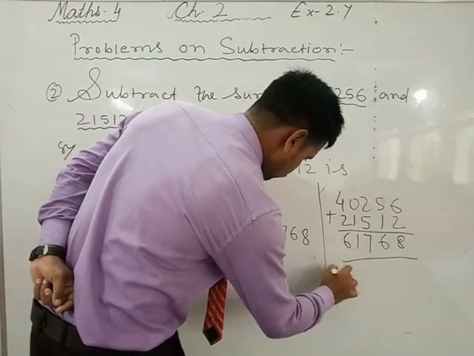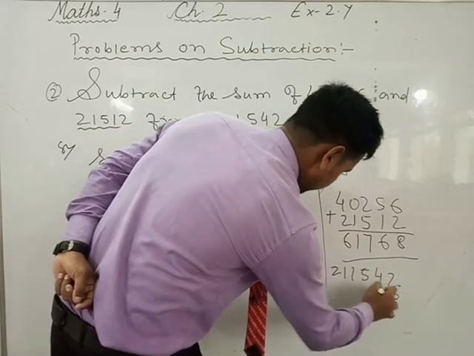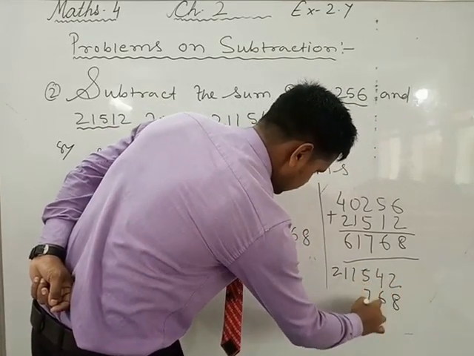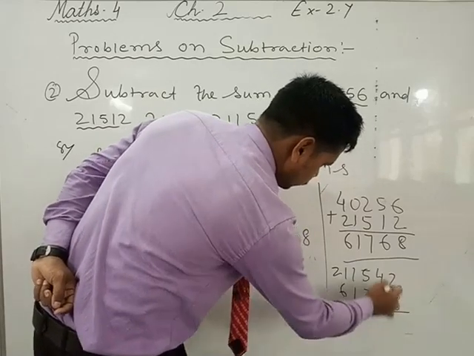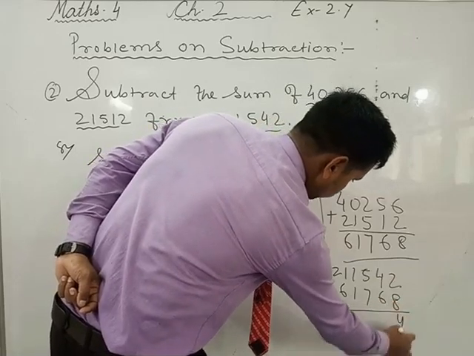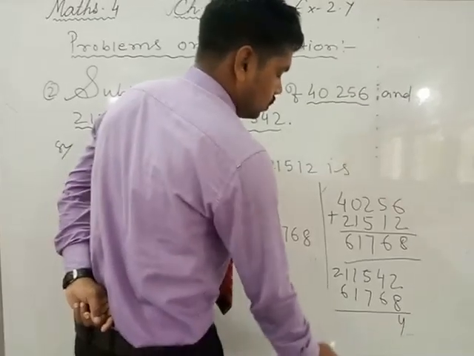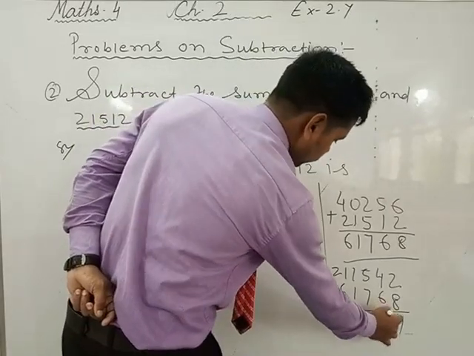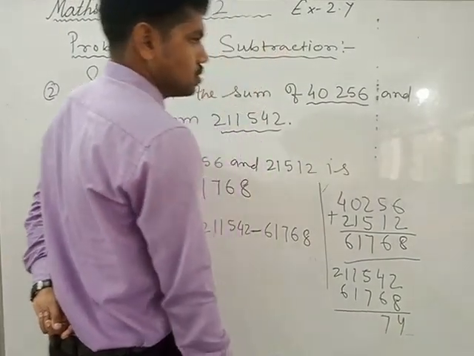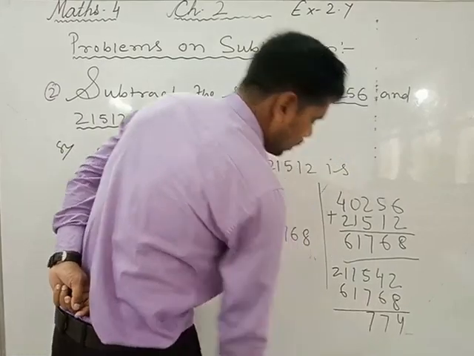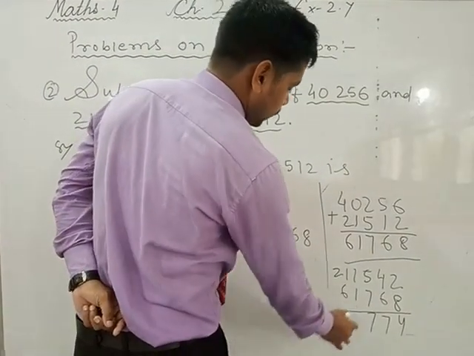So 21152, here 8, 6, 7, 1, 6. So 4. Okay. 7, then 7. Okay. 2, 9.